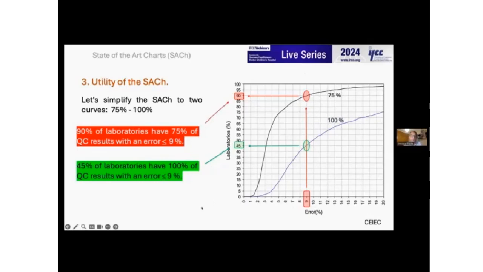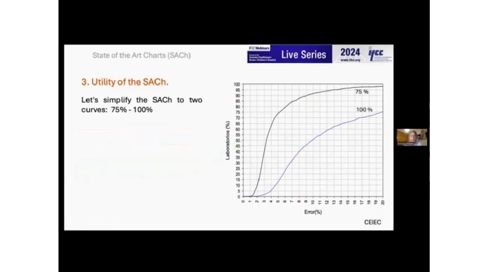Well, in this case, it would be 63%. And as I said before, 95% of laboratories have 75% of the control samples they process below 13%. Therefore, with the state-of-the-art graph, we can know the maximum error percentage that a certain percentage of laboratories can achieve.